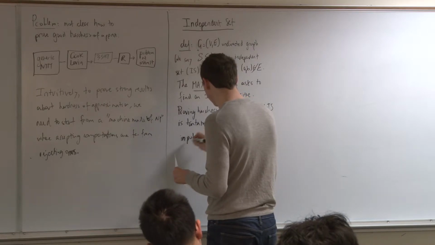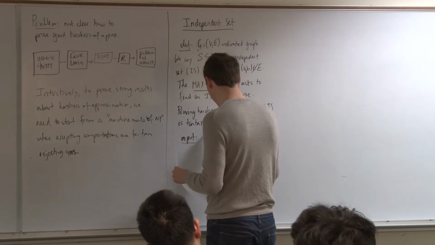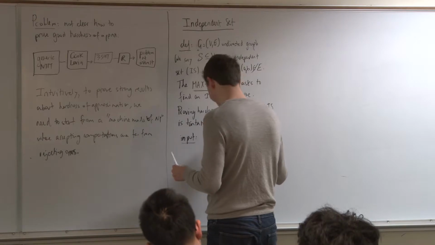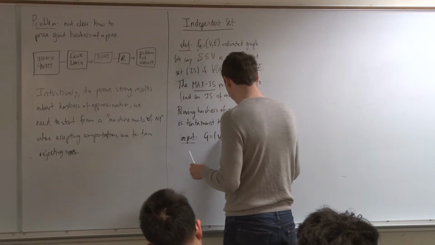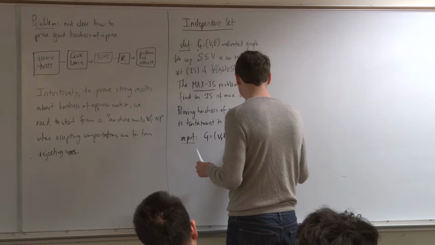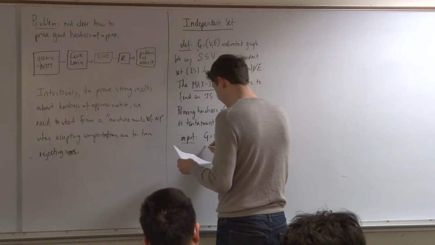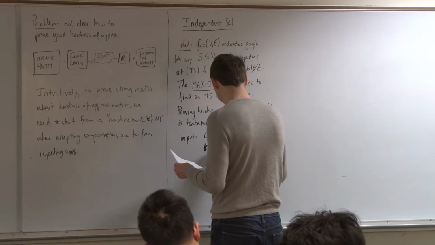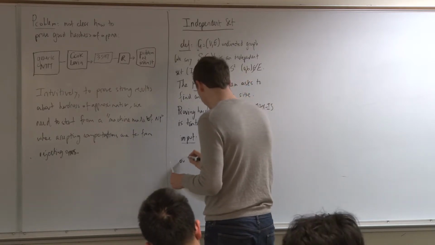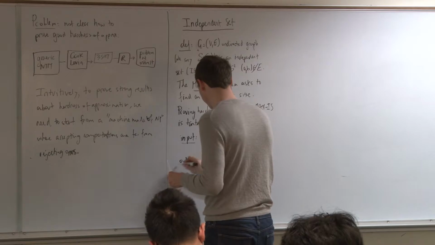So the input to the gap problem is you have G, which is the undirected graph, and you have an integer k, and the output is going to be a yes or no.